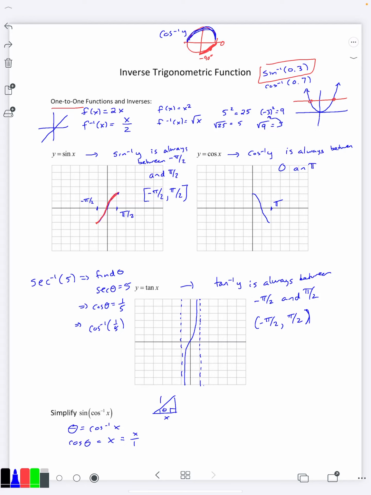And if I do that, I can use the Pythagorean theorem to solve for the missing side, it's going to be the square root of 1 minus x squared. And once I've figured this whole triangle out, now I can answer this question here. Sine of cosine inverse of x, that's sine of the angle theta, and from this triangle, it's opposite over hypotenuse. And so the answer to this expression is the square root of 1 minus x squared.